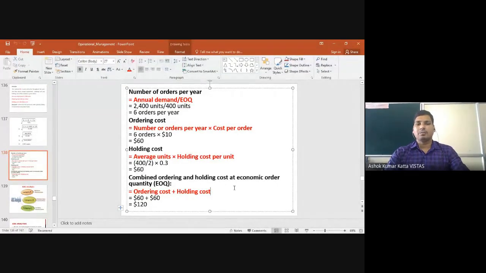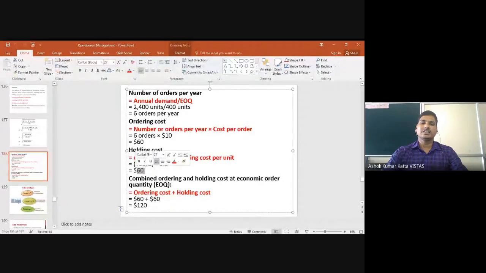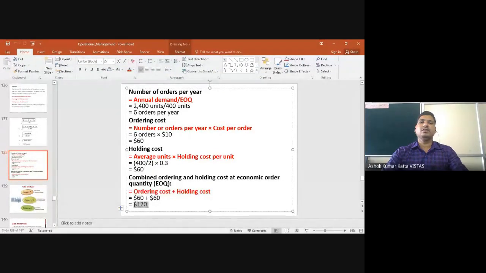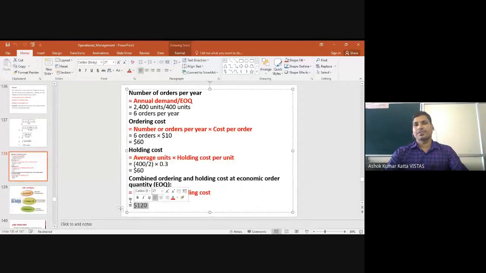Next, combined, we are calculating the ordering cost and the holding cost. There is no need for a formula for all these things. By seeing this, you can understand ordering cost is 60, holding cost is 60. So in total it will come to $120. So in a year, only for ordering and holding purposes, you are spending this much money.